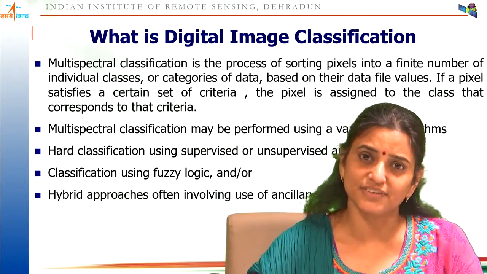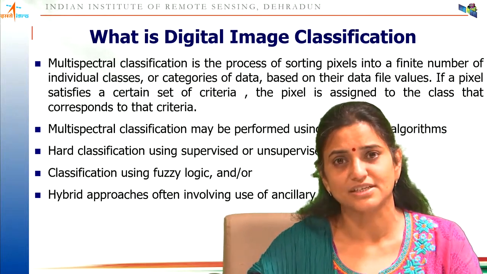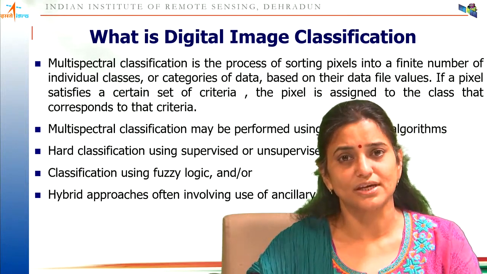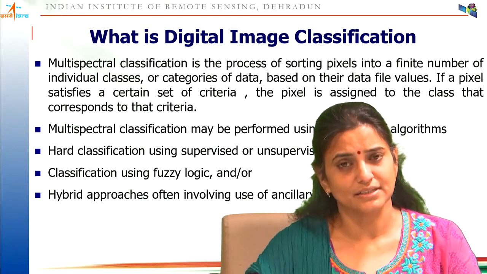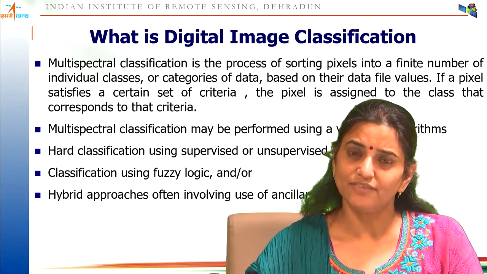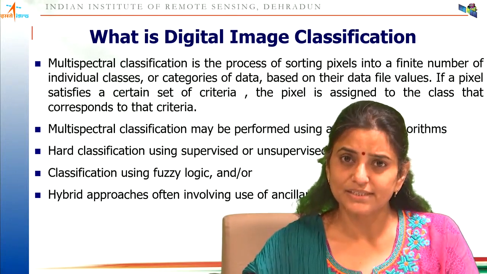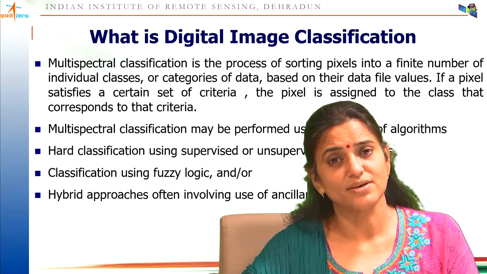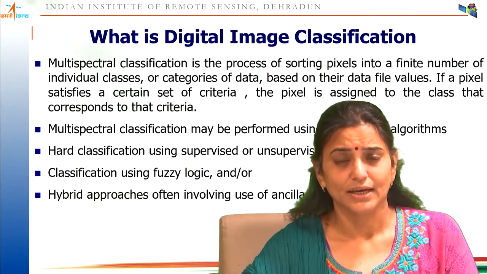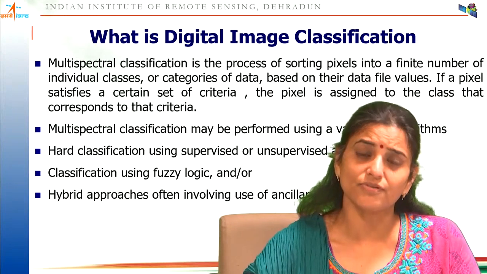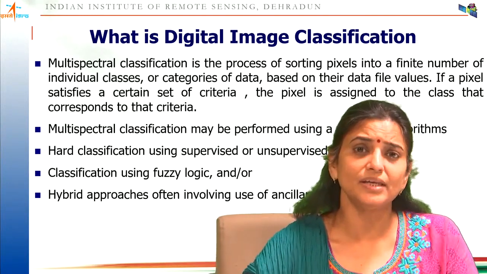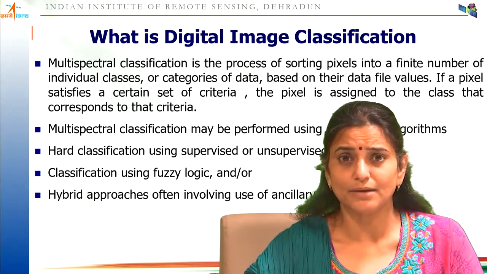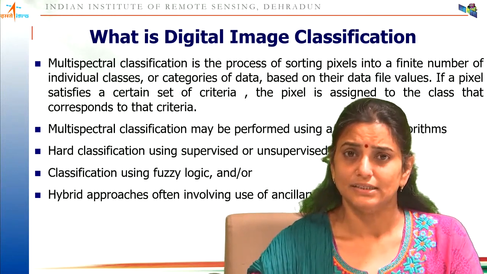So multispectral classification is the process of sorting out the pixels into a finite number of individual classes or categories of data based on their pixel values. Suppose we have a 4-band data, and we have 8-bit data. 8-bit means that the pixel values can range from 0 to 255. So 0 to 255 in band 1, band 2, band 3, band 4. When we find out the number of combinations, there are a great many combinations of pixel values that can be there. But this many classes are not possible in an image.